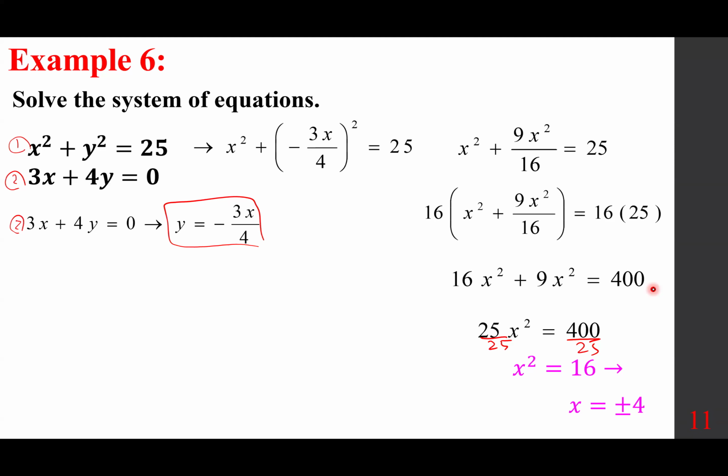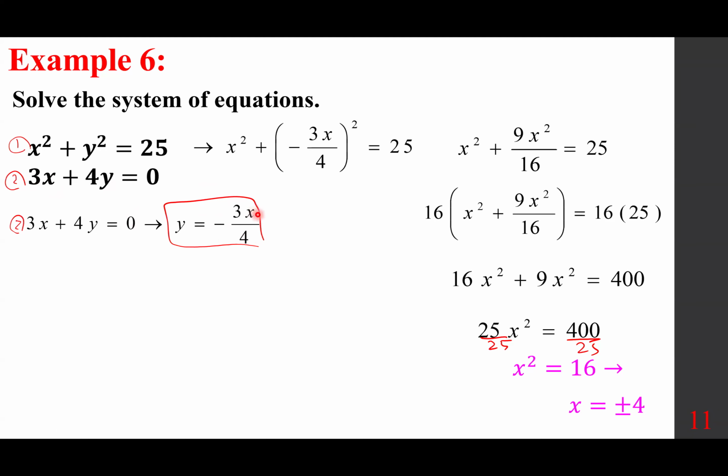So we have two answers for x. We are going to put that into one of those equations to find the y. You can put it into the second equation. If you believe you haven't made a mistake, you can even put it here. So if you replace the x with 4, 4 cancels out the 4, you get -3.